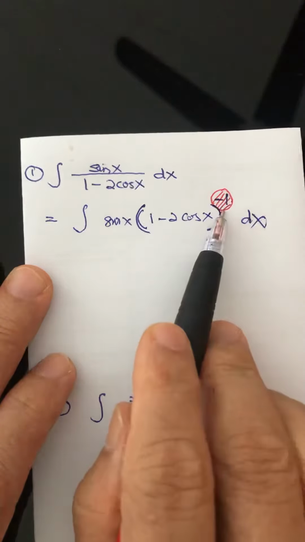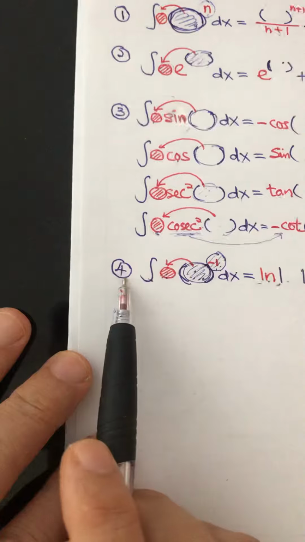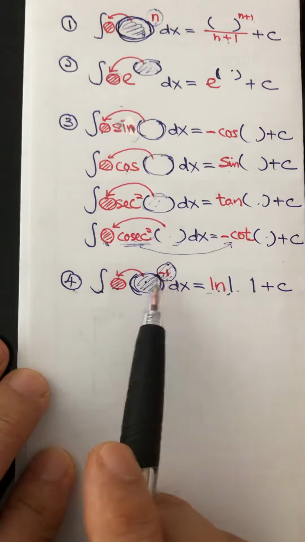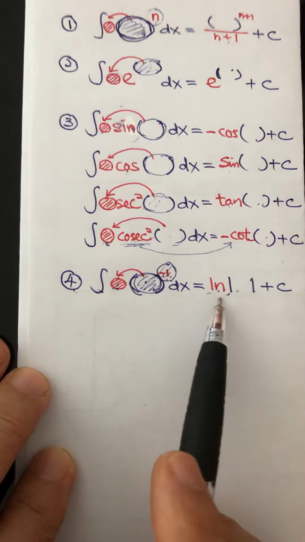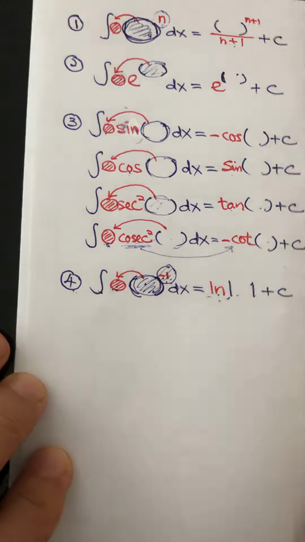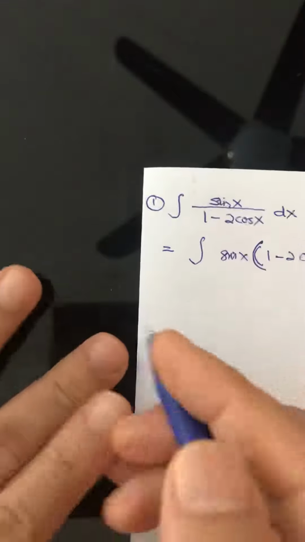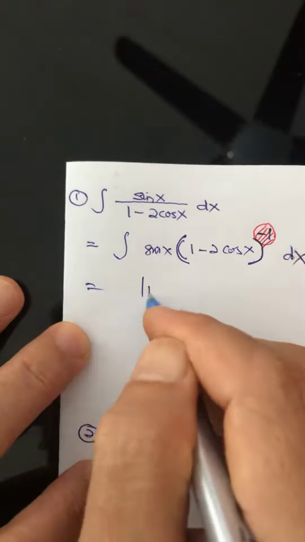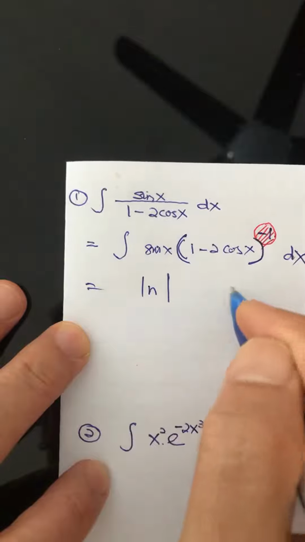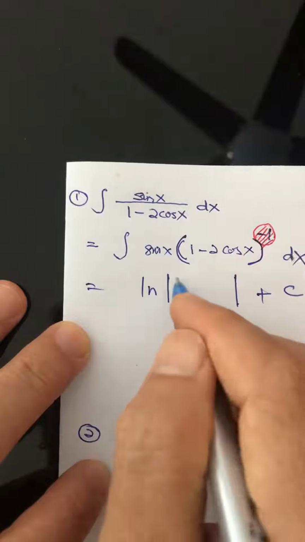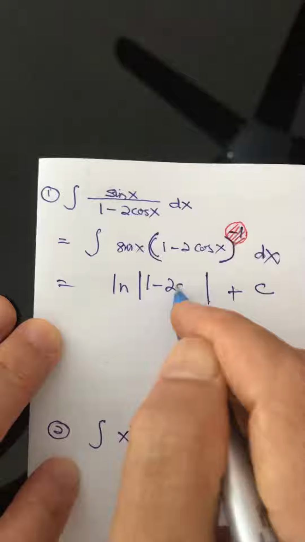So when you want to change this function negative 1, then you go to number 4. Negative 1, you see now, it's number 4. So it becomes ln. Yes or no? So therefore, this will become ln, and then modulus, because ln always has modulus, of 1 minus 2 cos x.